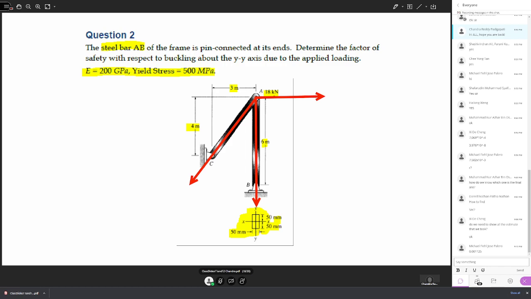So this is C, this is B. Let us say AB. This force is the given horizontal force, 18 kilonewtons. Now to find out the force FAB, this is the load acting on the steel bar AB. So we need to calculate the load acting on AB.